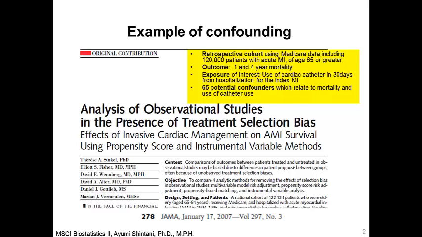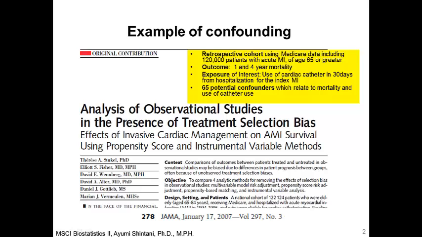This is a paper examining the effect of the use of cardiac catheter among patients who have acute MI. This is a retrospective study using Medicare data, including 120,000 patients with acute MI, age 65 or greater. The outcome is 1 and 4 year mortality, and we actually look at 1 year mortality in today's lecture.